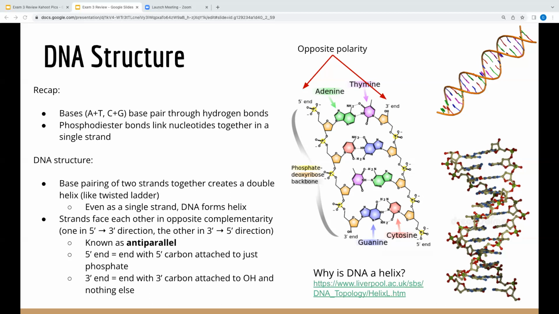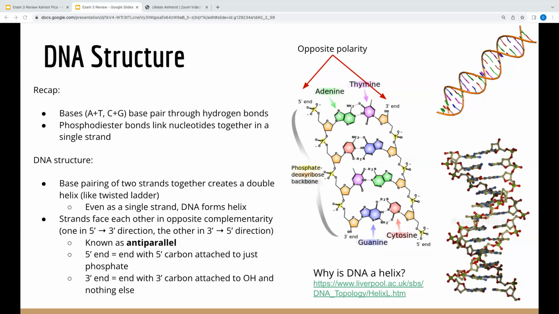And then along the sides is the backbone, which consists of the phosphodiester bonds, the phosphate group and the sugar. Right here is the sugar, and this right here is the phosphate group.